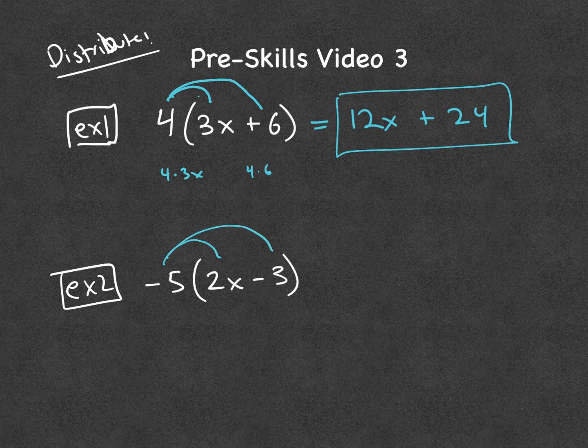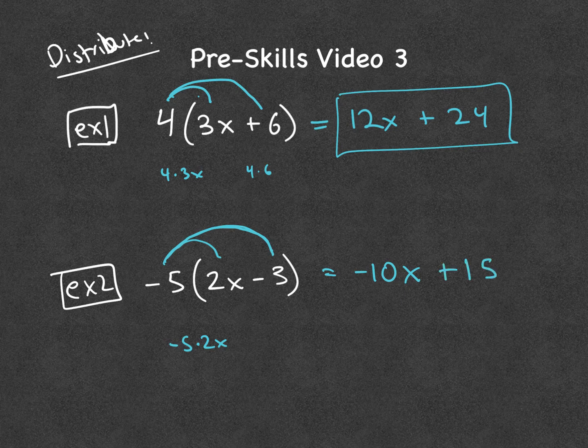In example 2, we're going to distribute negative 5. So again, I'm going to multiply it by each part. I'm writing this little side work here that maybe you write down, maybe you're doing it in your head. Negative 5 times 2x is negative 10x. And then negative 5 times negative 3, when negative times a negative is a positive, makes positive 15.